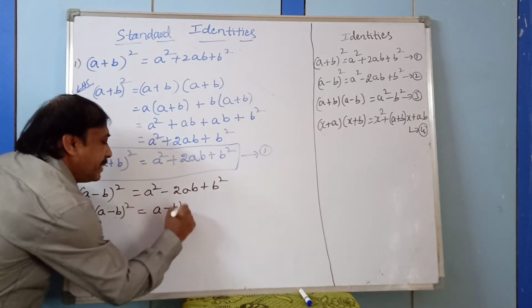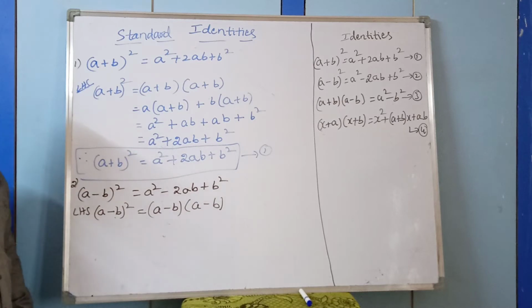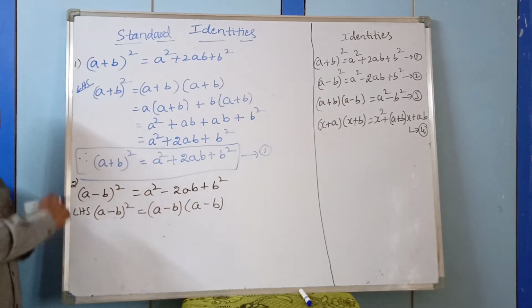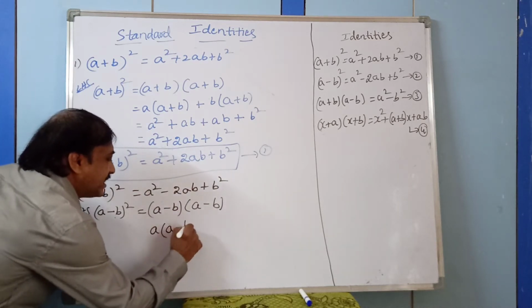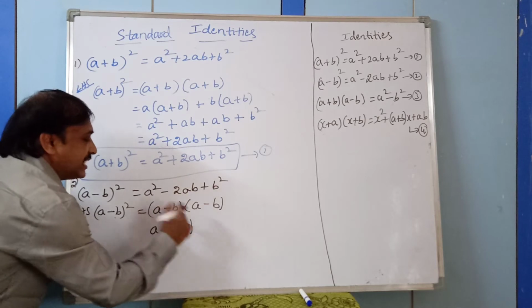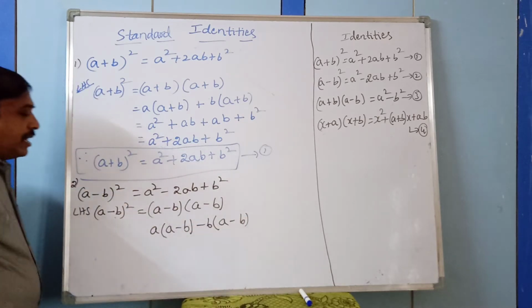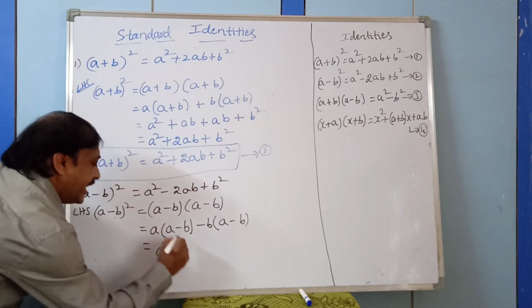So (a minus b) into (a minus b). Again the product of binomial into binomial. See here, a into (a minus b), then we have minus b, so minus b into (a minus b). A into a, what will we get? A square.